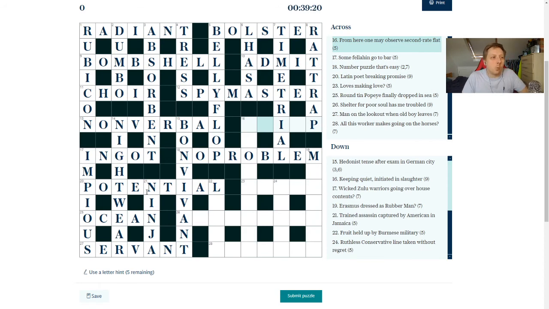Going with 16 across. From here, one may observe second-rate flat. Yeah, 6 minutes and quite a few clues, so you can now jump in with hints on this. Hint, please, Foggy. And fairly blunt hints as well, actually, with 6 minutes to go.